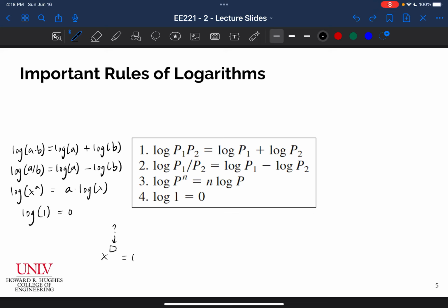Doesn't matter what x is. If we need to get 1 here, that's just a power rule that we need to keep in mind when we do math, is that something to the 0 power is always equal to 1, okay? And so the inverse of that is that the log of any base of the value 1 is equal to 0. Okay, so those are the important rules of logarithms.